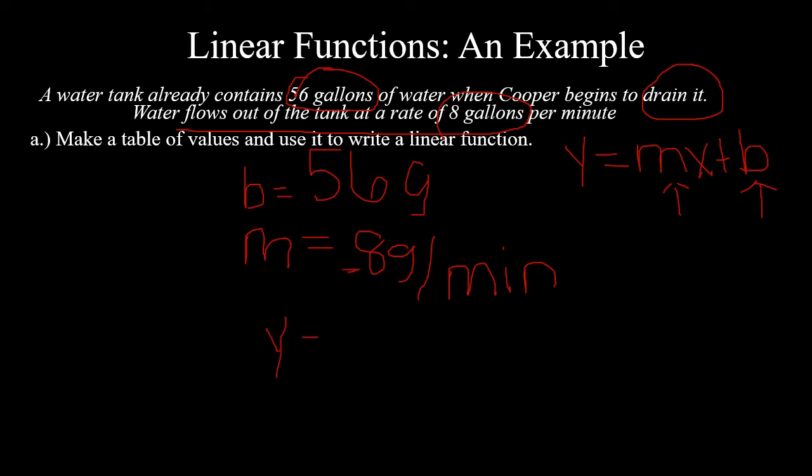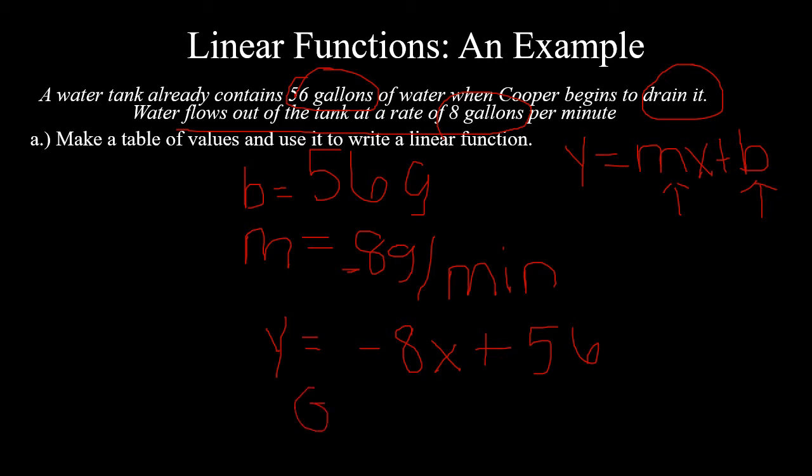So we, in essence, could actually already write our linear function. We know what our m is. Our slope is -8. We know our initial value. It's 56. If we want to put it in terms of our function, our output is how much water we have.